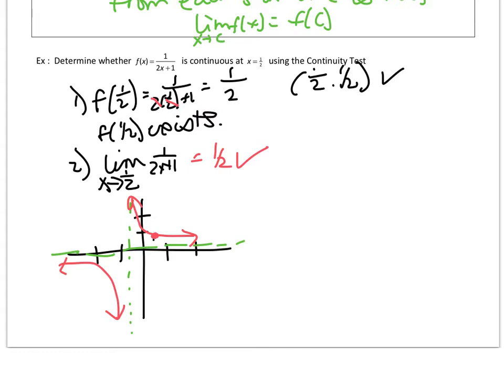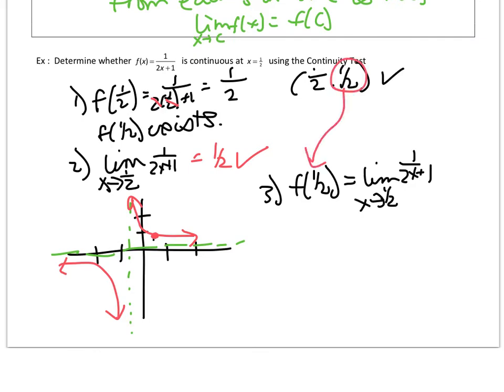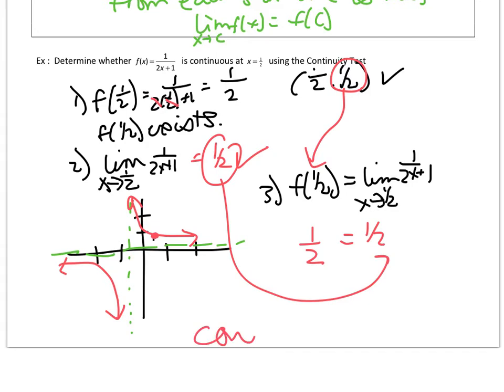So for 3, as long as my f of 1/2 is the same number as my limit as x approaches 1/2 of my function, and it was, this was 1/2 and this was 1/2. So as long as they're the same, this is continuous at x equals 1/2.